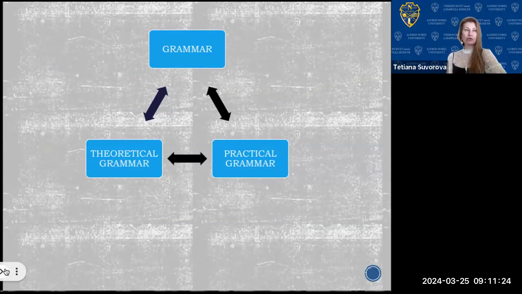And practical grammar is already definite, particular rules that we use. They are prescribed to the users of the language in order to practically use the language. Yeah. So not just observation of the language, but usage.